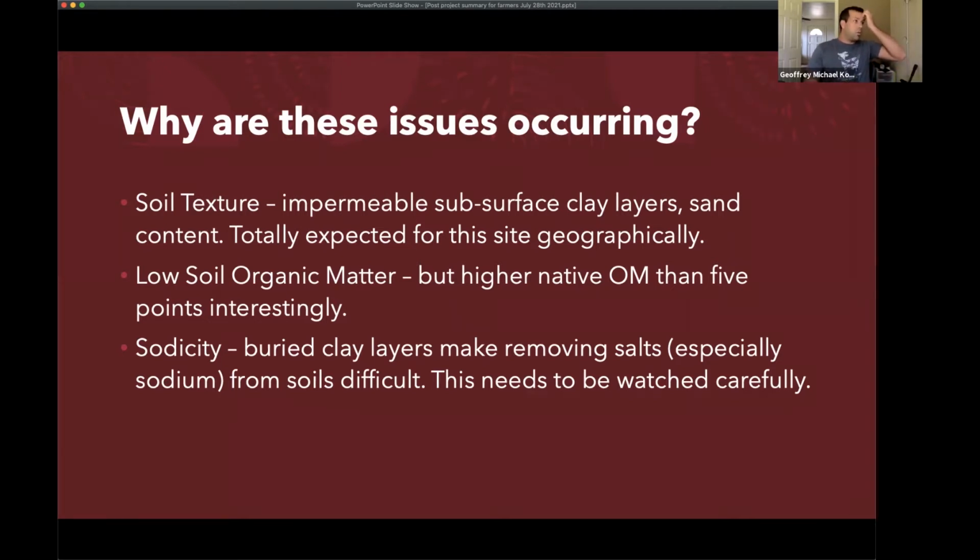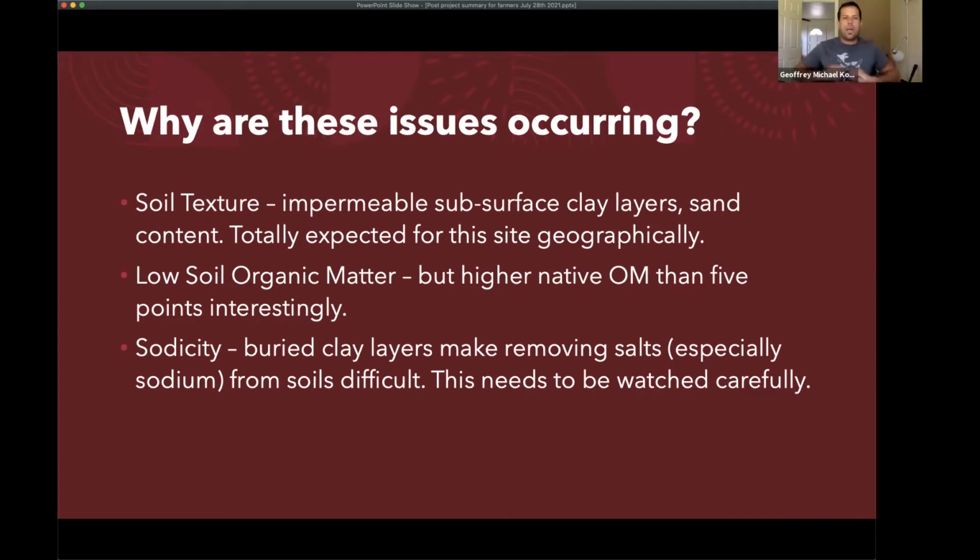So low soil organic matter. The baseline soil organic matter when we did that first year sampling is relatively low. We kind of expect that for California in the West here, but it is a little higher than 5 points across the whole field. That was kind of interesting, I thought. And then sodicity: we measured EC, which is total dissolved salts, but not specifically sodicity in this study.